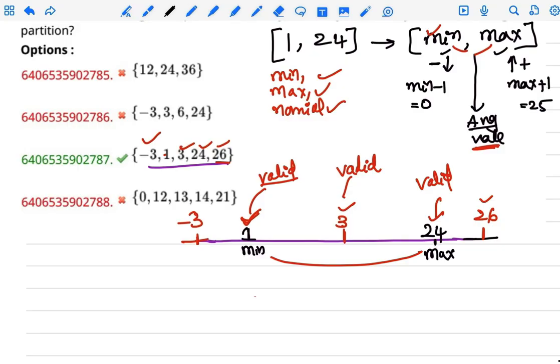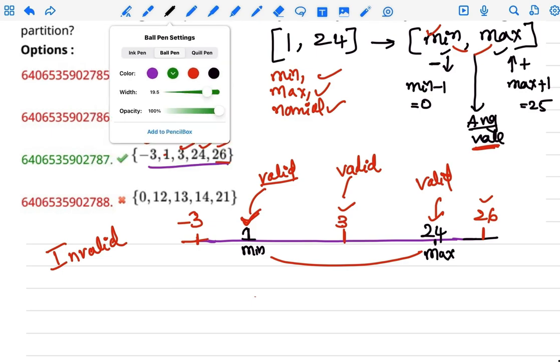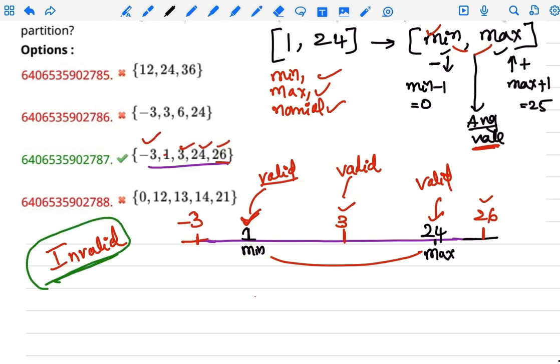Next they consider invalid regions, invalid boundaries. So 26 is invalid, and this one is also invalid.